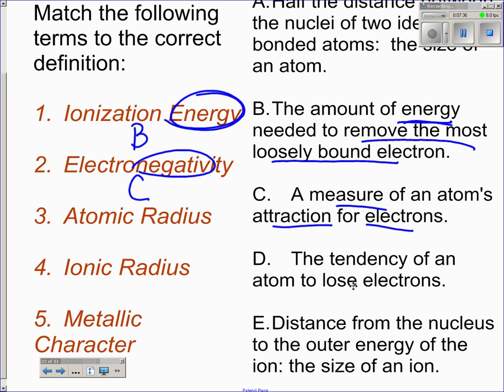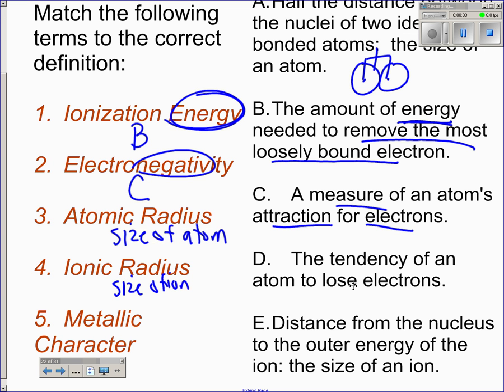That's C. Atomic radius is half the distance between the nuclei of two identically bonded atoms. You can picture it like this, but what's really important is that you understand that atomic radius is really the size of an atom. It's how big an atom is. An ionic radius is the size of an ion.